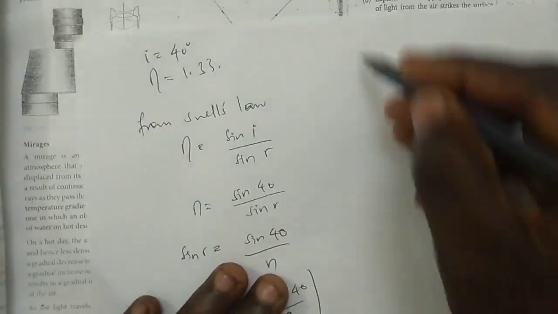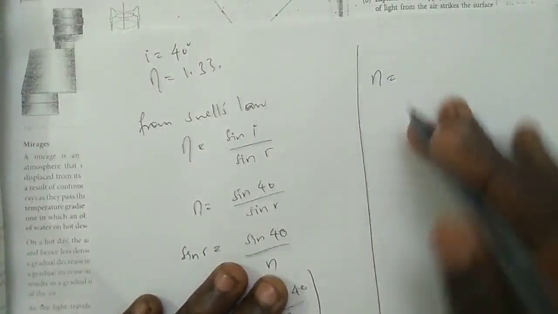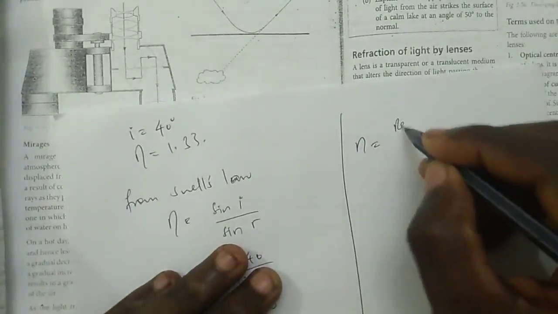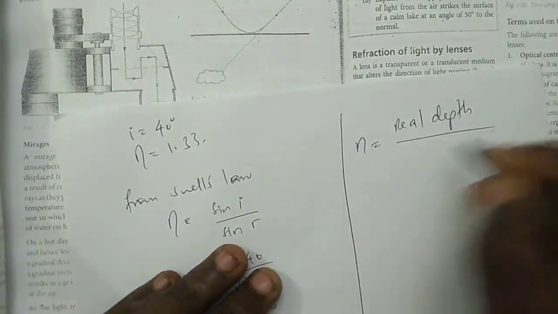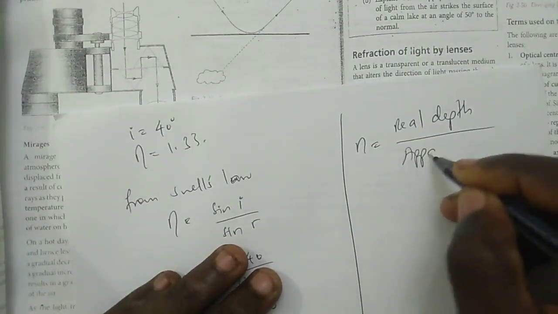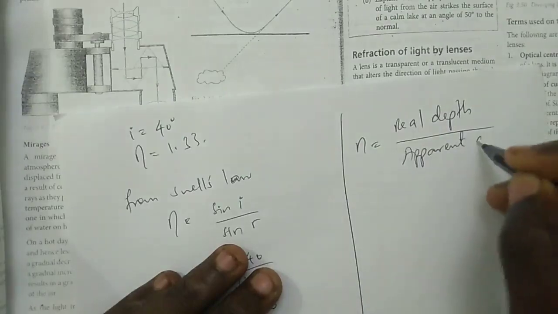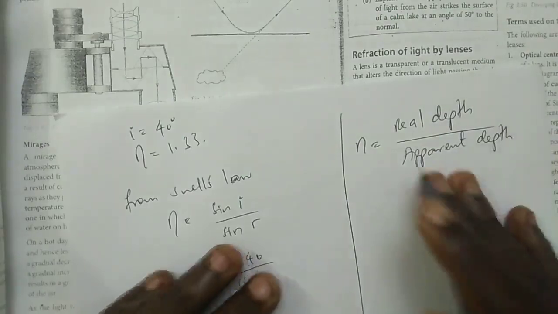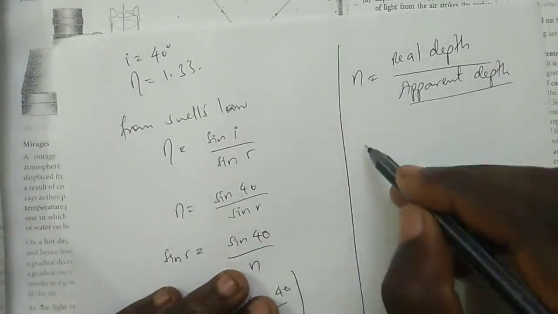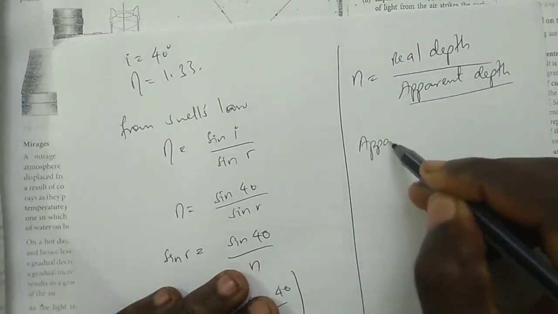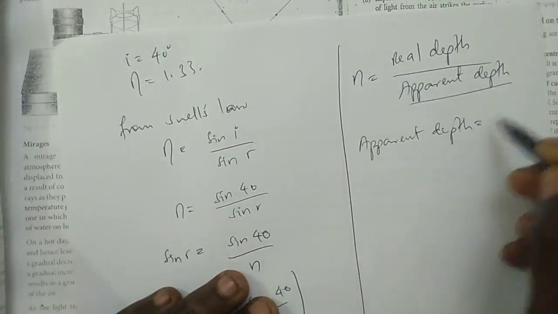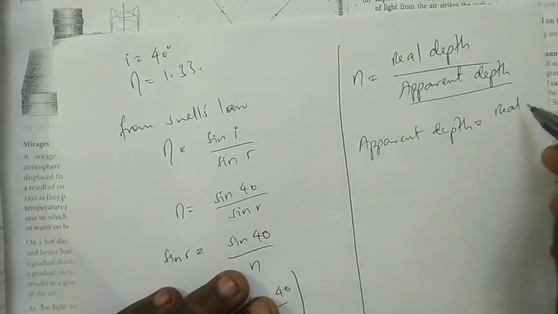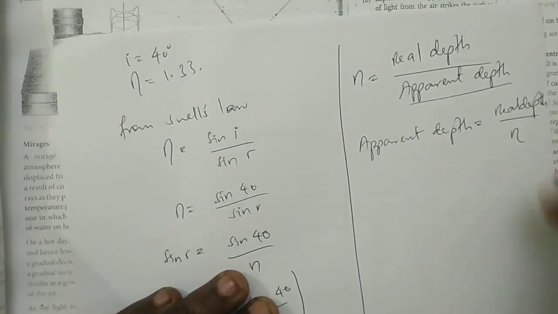Refractive index tunaijua. Remember we said refractive index is equal to real depth gawanya kwa apparent depth. Kwa hiyo tukitaka kupata apparent depth maana yake itakuwa real depth alafu gawanya kwa refractive index.